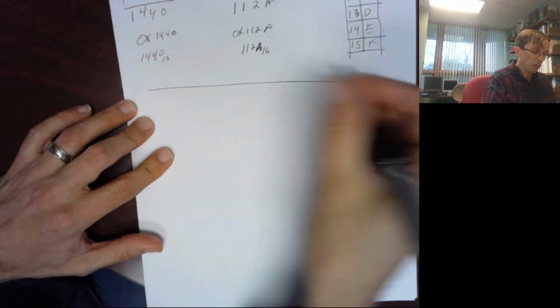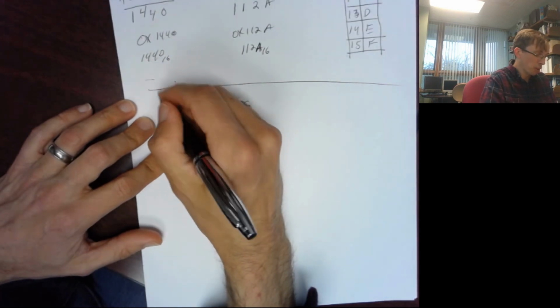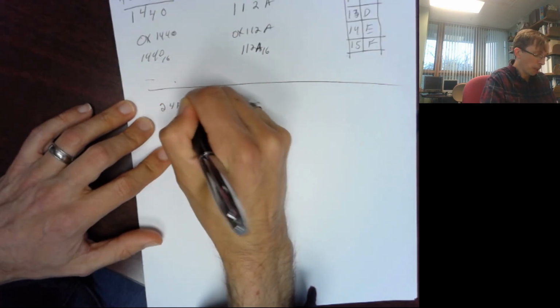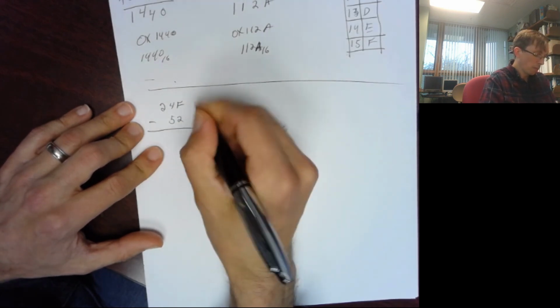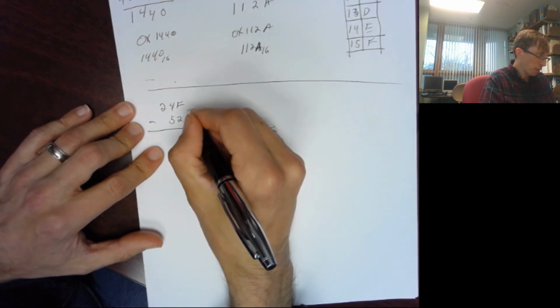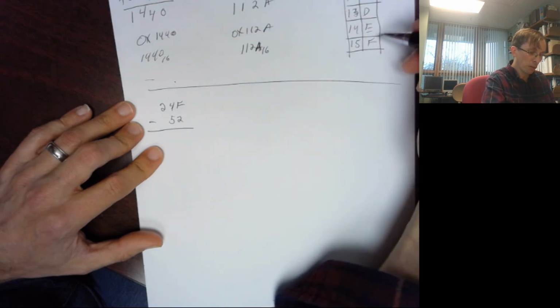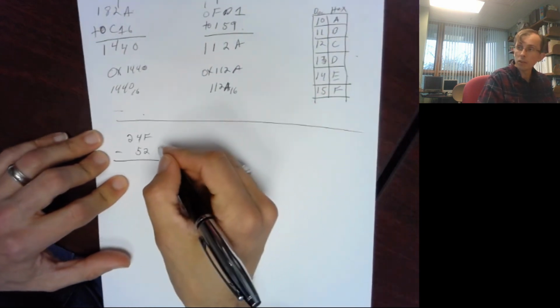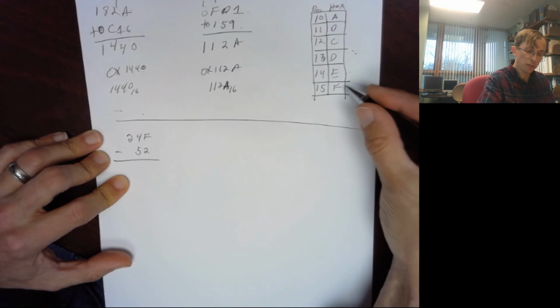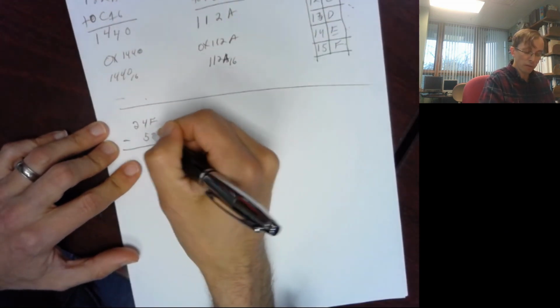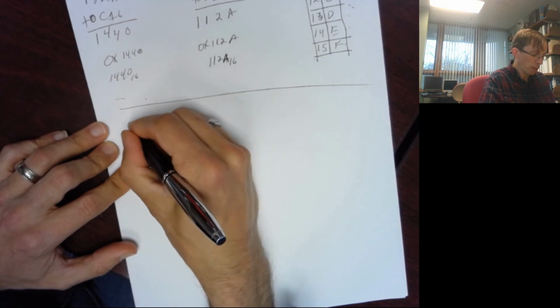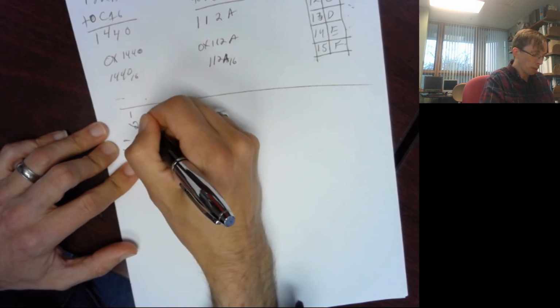Okay, so let's do the few subtraction problems. 24F minus 52. So here we go. Start with F, subtract off 2, we get D. Now we can't subtract 5 from 4 there, so we need to borrow, make that a 1.